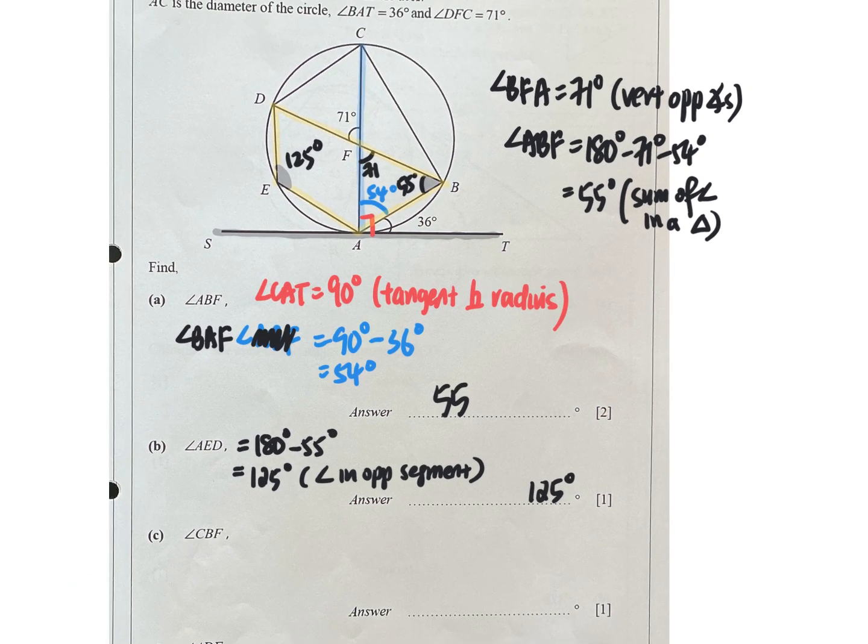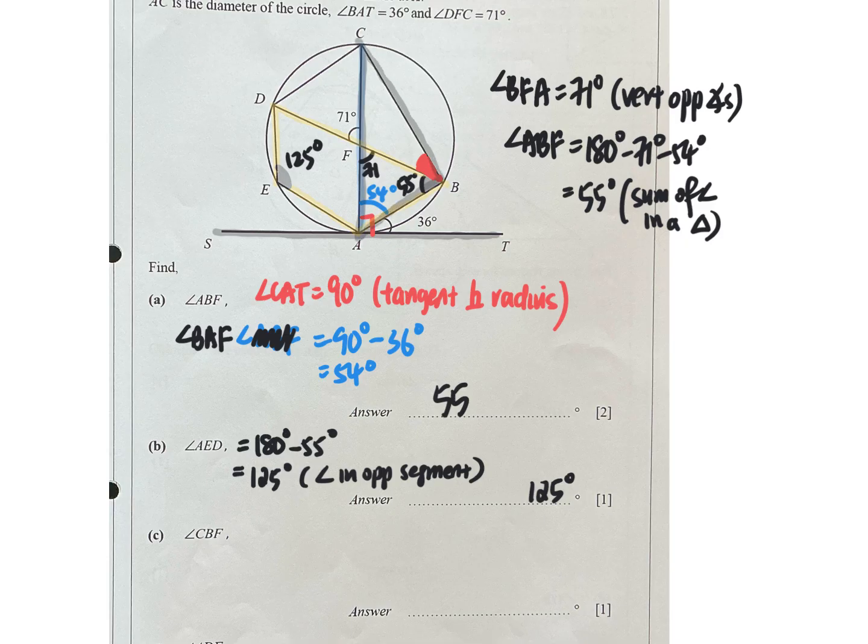Next one, CBF, which is here. So how to find the angle there? One thing is, if you have diameter, you will have angle in a semicircle.